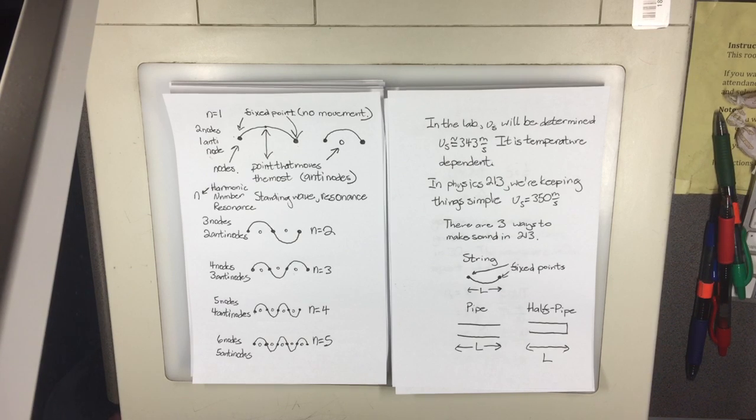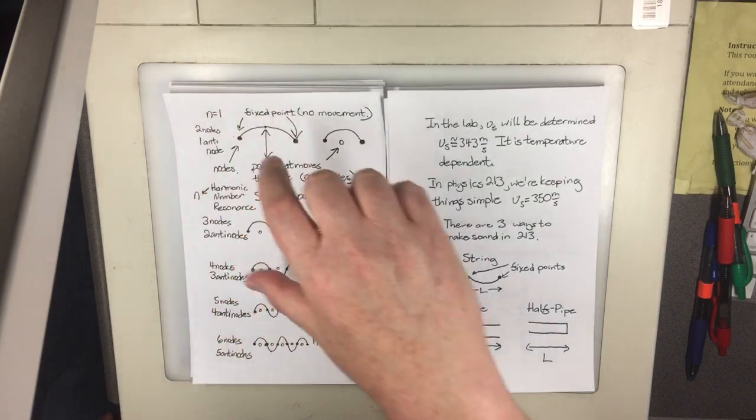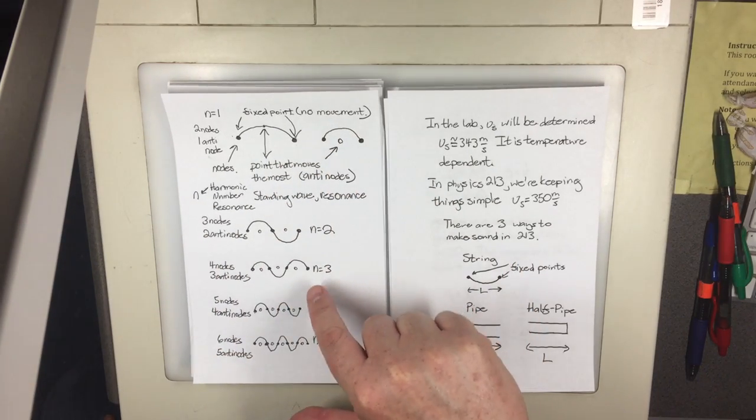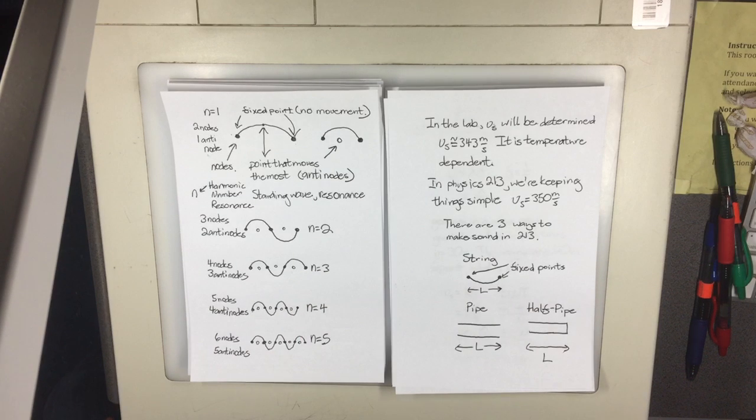You can associate the harmonic number with the number of antinodes. N equals 1, 1 antinode. N equals 2, 2 antinodes. N equals 3, 3, and so on. So if I said N is equal to 4, how many antinodes are there? You would say 4, because the number of antinodes is equal to the harmonic number.